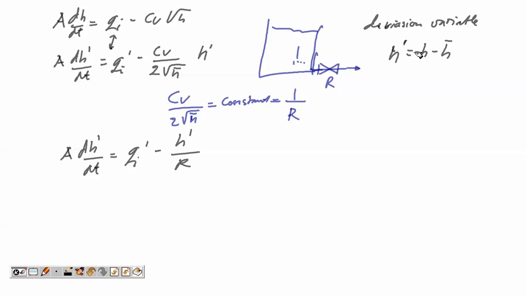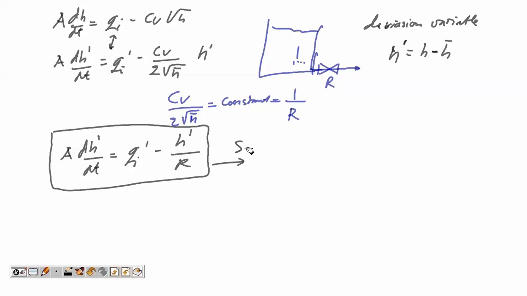So the deviation variable is near the steady state value as a base value. Okay, when we have the linear differential equation, we can solve it using the Laplace transform.